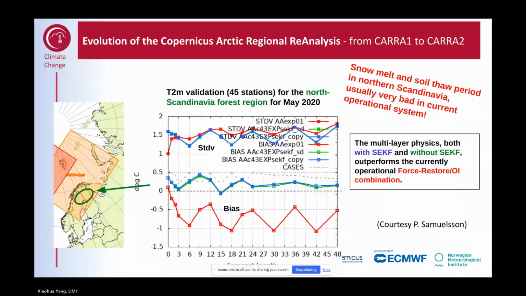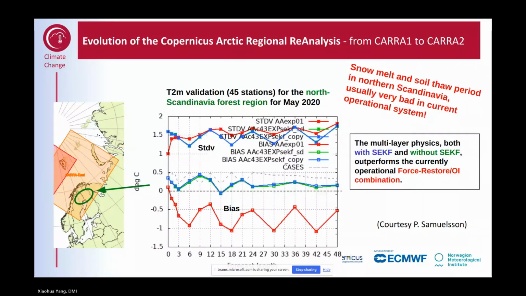Just a showcase of the significance of these new surface schemes, which you have seen in the real-time runs for the weather forecast. We have had for a long time a deficiency in our systems in the representation of snow melting and the thawing process in the Scandinavian areas or Arctic areas in general.